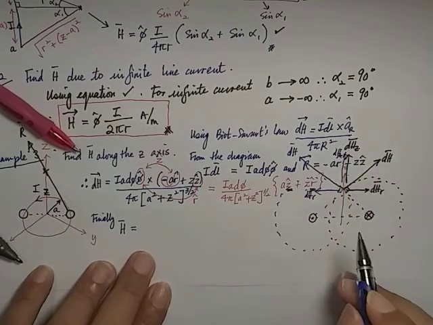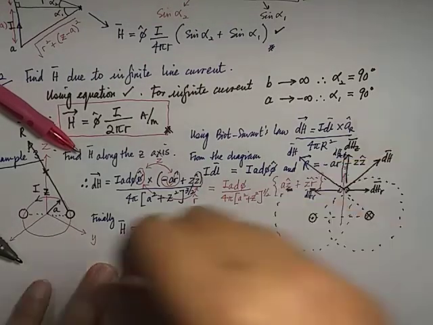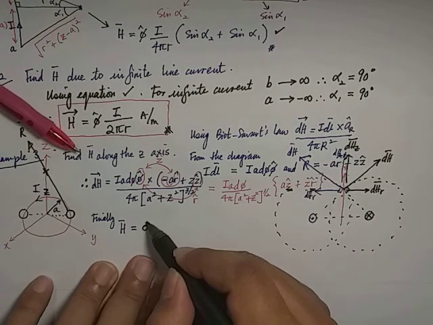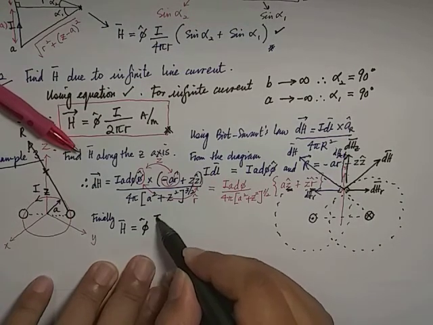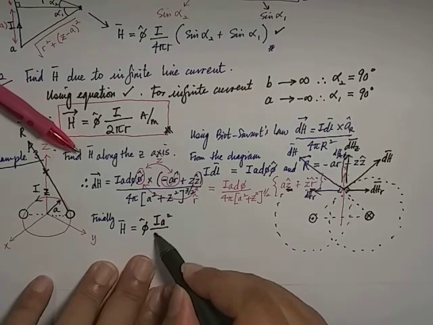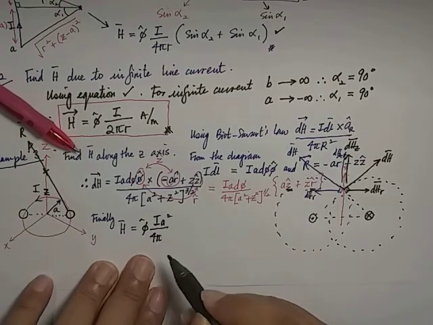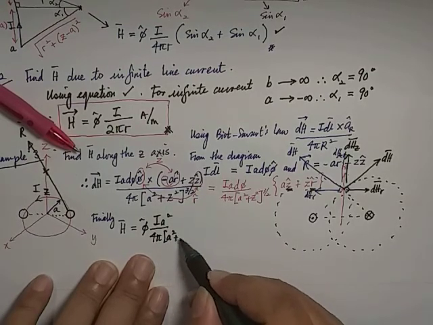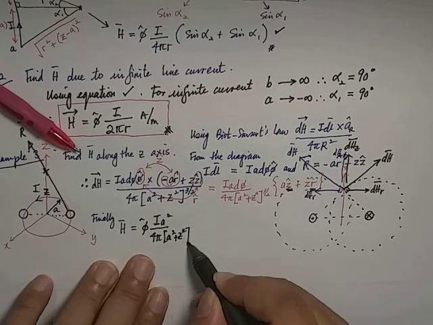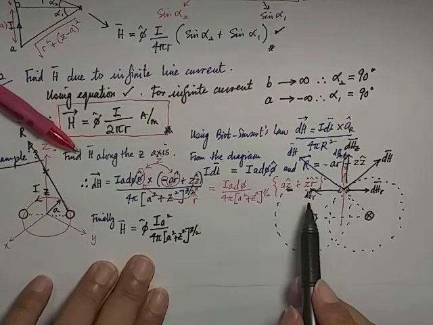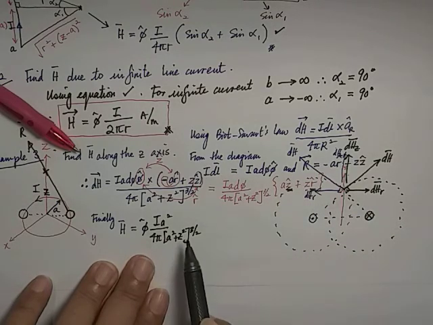So now, when I integrate H, H equals I a squared dphi over 4 pi, a squared plus z squared to the power of 3 over 2. So which term am I going to take into consideration in the integration?